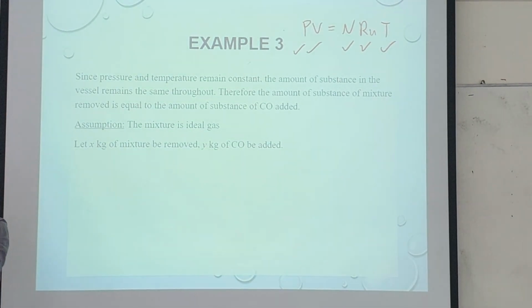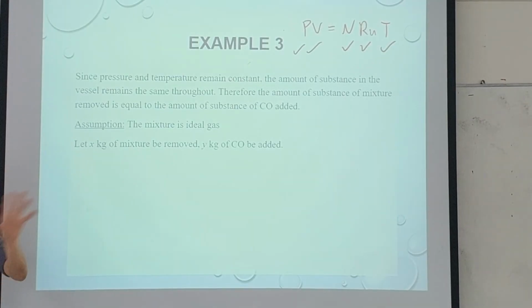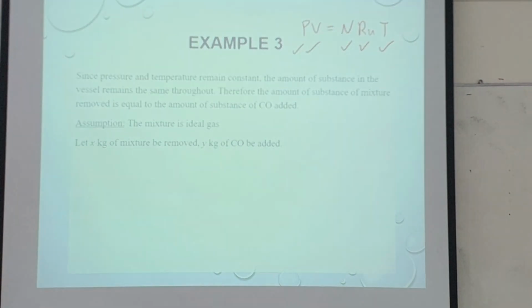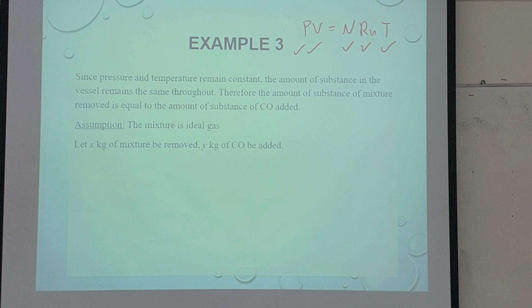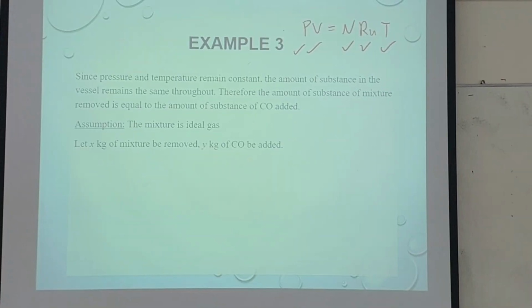Like the example I gave just now, it will not be the same weight, because you are removing the whole thing but only adding in water. But the volume, or the mole, that you remove is the same. Mole is the volume in a sense. So for the kg that we remove, we put x first, and y is the CO. Ultimately the answer we are looking for is the mass. That's what the question asks for.